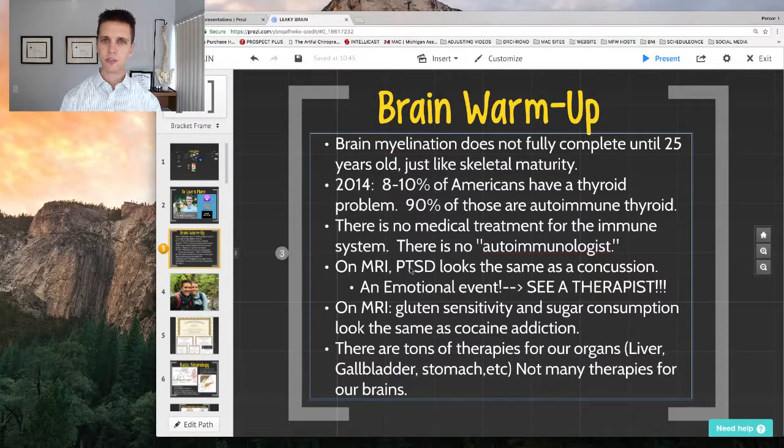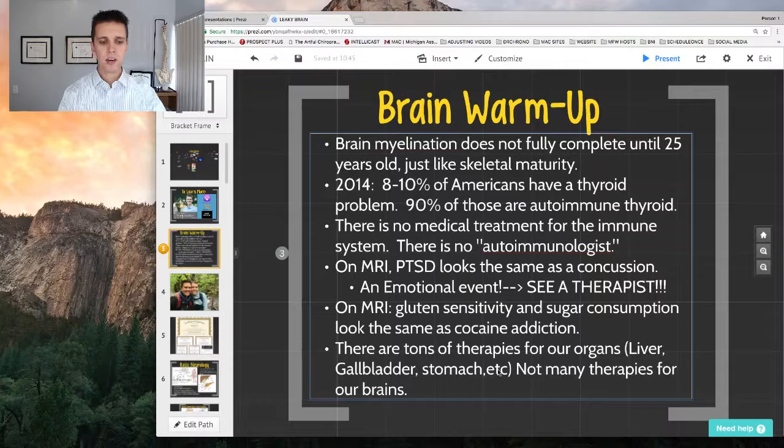A couple more notes here. On MRI, post-traumatic stress disorder looks the same as a concussion. So if you've hit your head, had a severe fall when you were younger, or been in a car accident and you're having depressive symptoms now, this can be a plausible mechanism for that anxiety and depression.